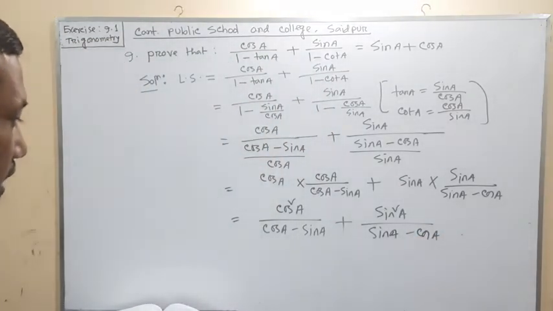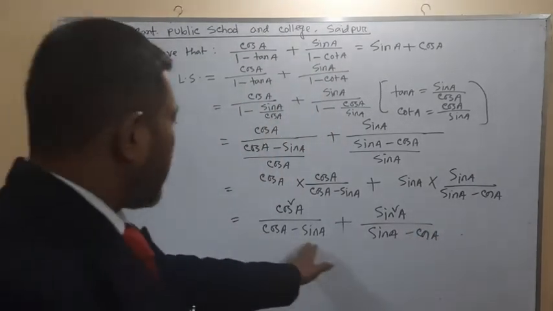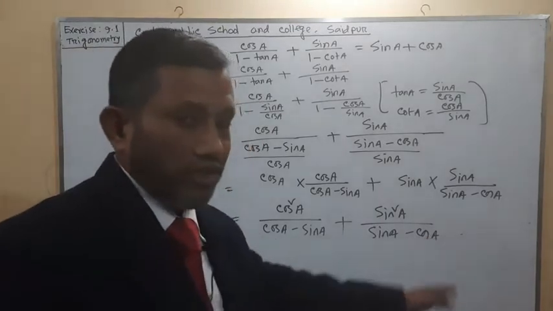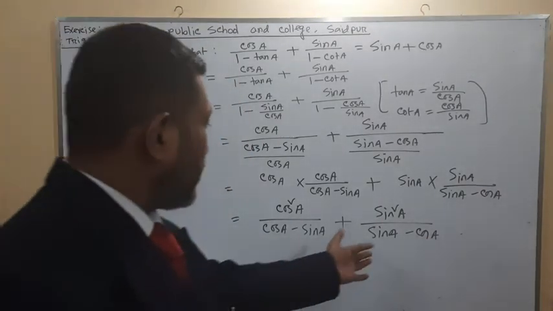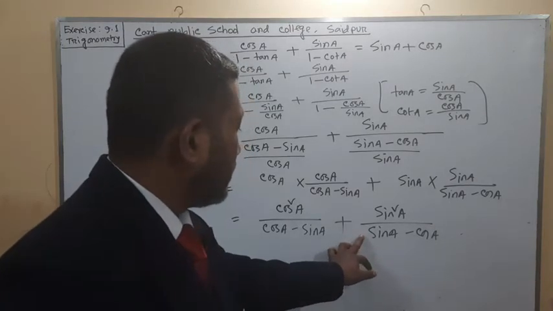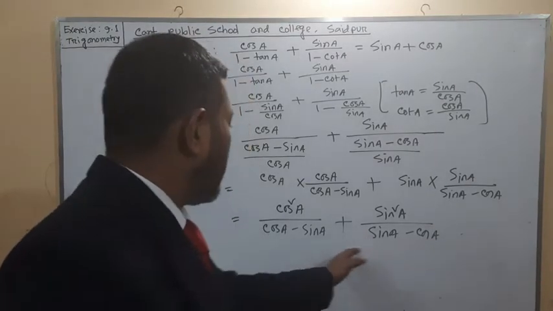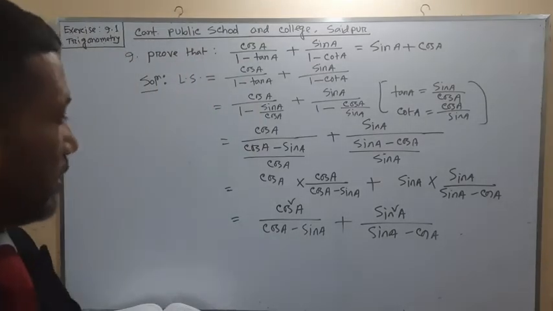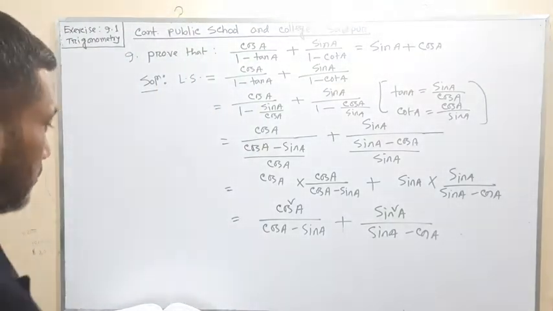Dear learner, we are seeing here cos A minus sin A and sin A minus cos A. If we take a common minus from this, then we can write easily cos A minus sin A. Then the denominator will be common for these two fractions.